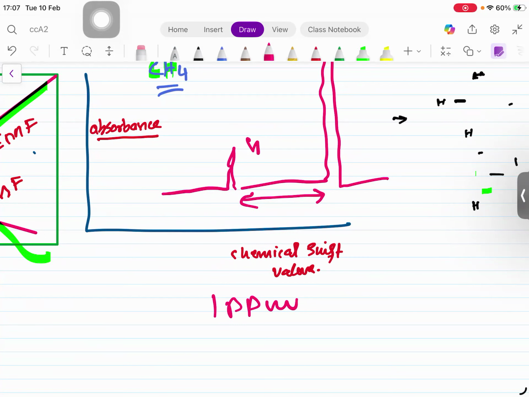So TMS ने कितनी radio waves किस frequency की radio waves absorb की मुझे नहीं पता. मीथेन ने कितनी absorb की मुझे नहीं पता. But मुझे ये पता है कि जो मीथेन के 4 protons हैं, they are absorbing 1 part per million, 1 times 10 to the power -6, less frequency of the radio wave as compared to the frequency of the radio wave absorbed by TMS.